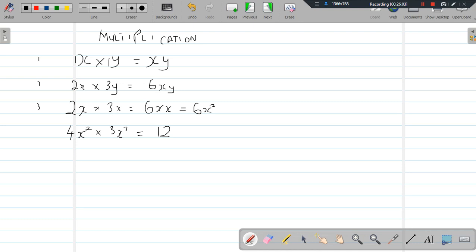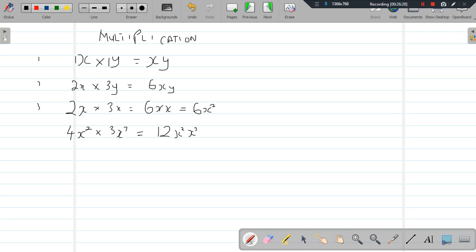Now x to the power 2 multiply x to the power 3. So we can write this as x to the power 2 and then x to the power 3. Just as we said, you multiply the variables. Now because these are like, they are the same. Remember, we are looking at when the variables are the same and they are multiplying.